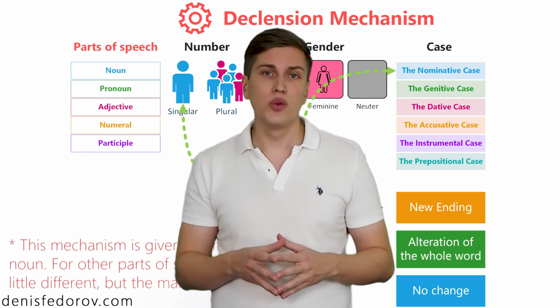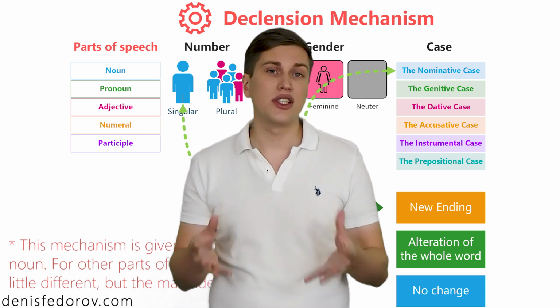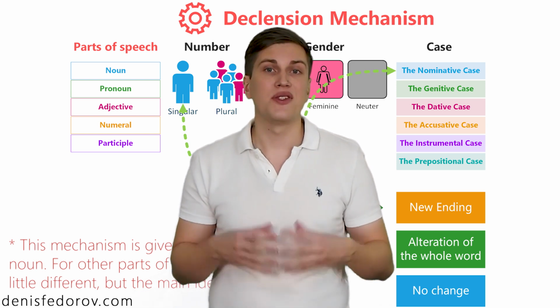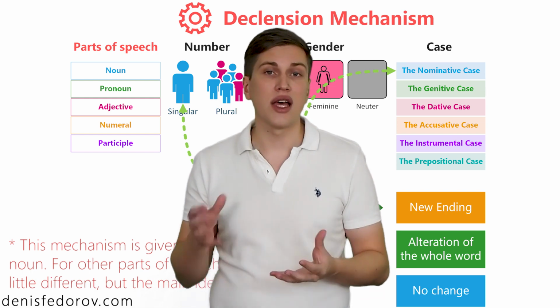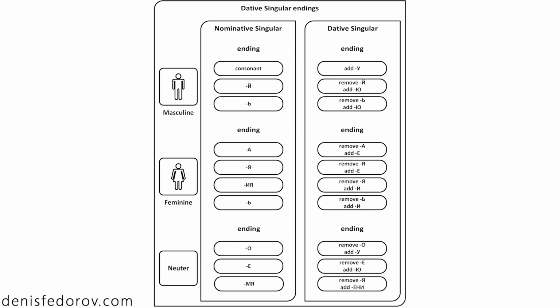Let's take a noun, which is the main part of speech in this situation, because it's the first in the learning process when the concept of cases is entirely new for you. On the screen you see a declension rule. Let's take a rule, for example, for the dative case. For other cases, this rule will look similar, but just other variants of endings will be filled into these cells.